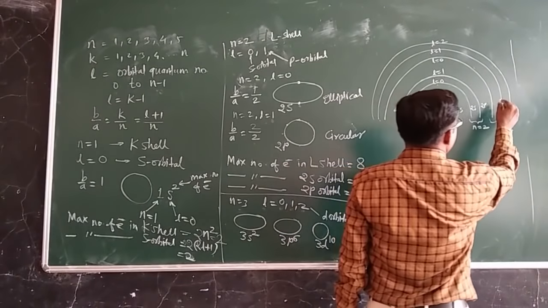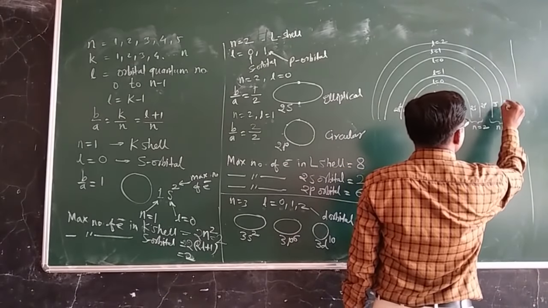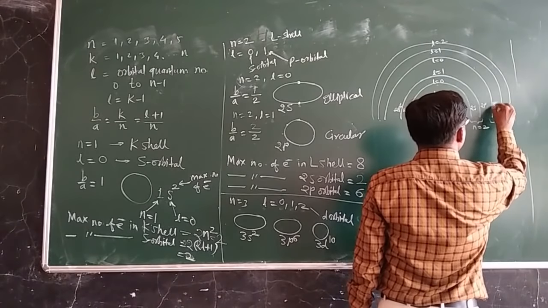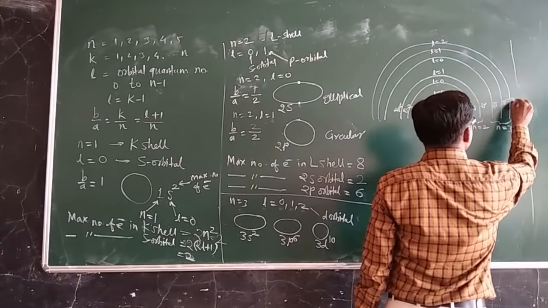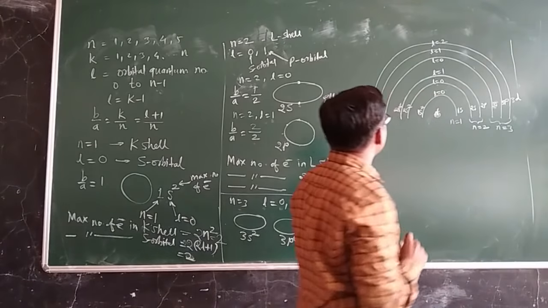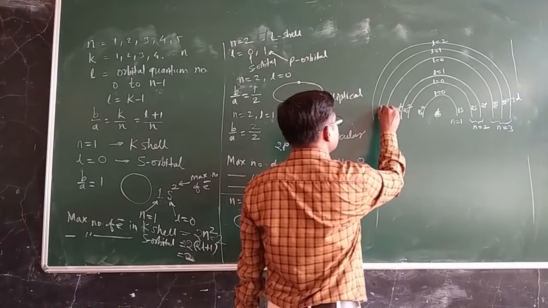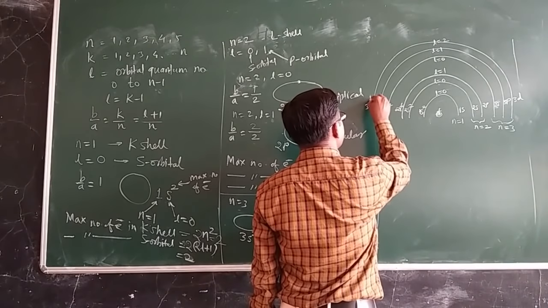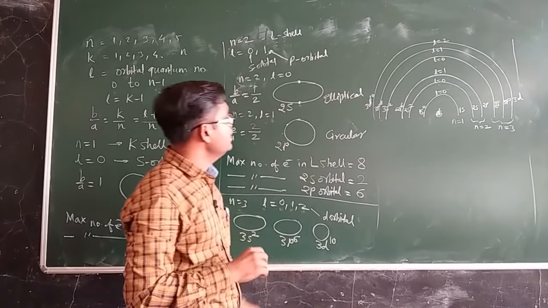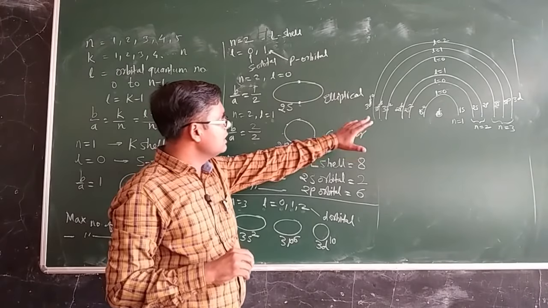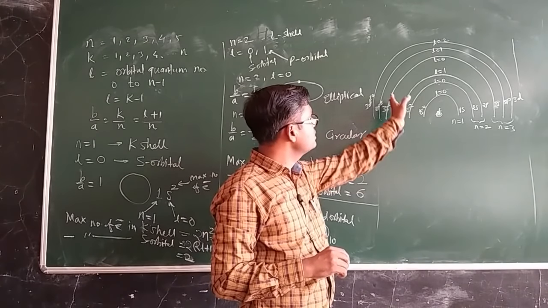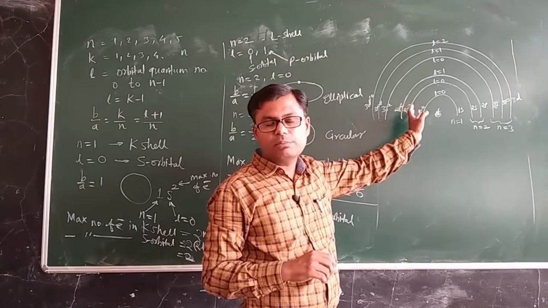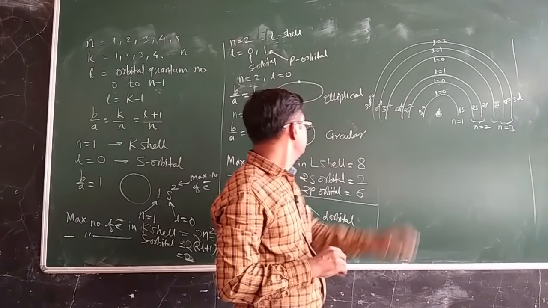They are denoted by 3s, 3p and 3d, and the electrons are 3s2, 3p6 and 3d10. In this way we can represent the distribution of electrons and orbits diagrammatically.